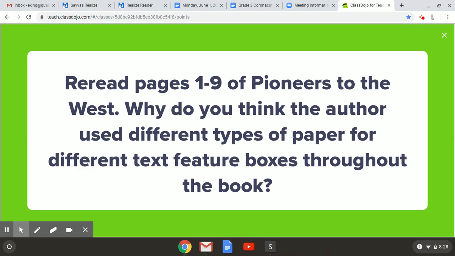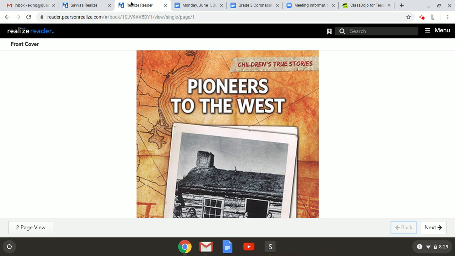So there are sidebars, there are different little headings for each type of paper that tell about a different part of these pioneers' life, and you'll notice that. So our question is, why do you think he used those different types of paper throughout the book for each text feature? Okay, so keep that in mind.